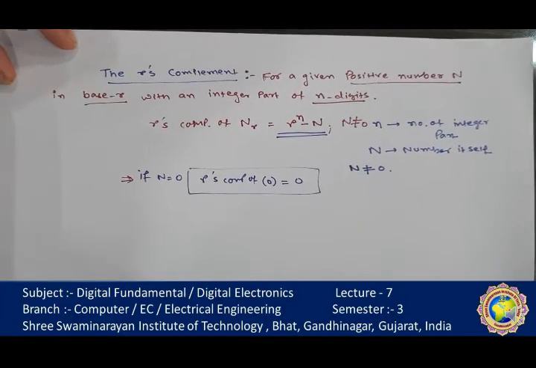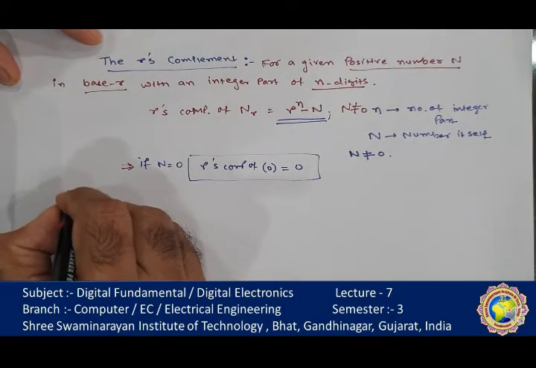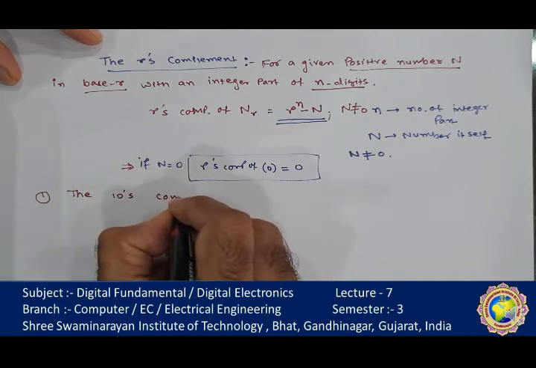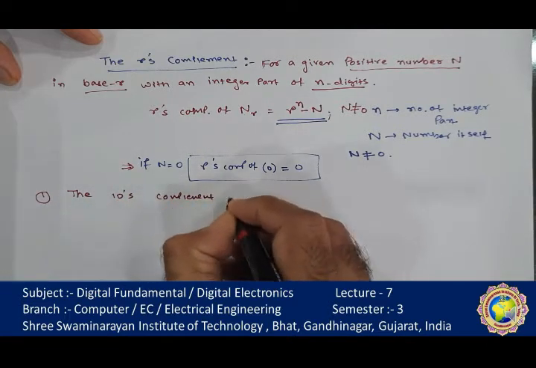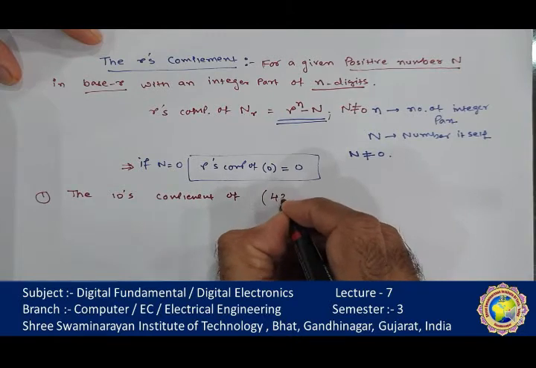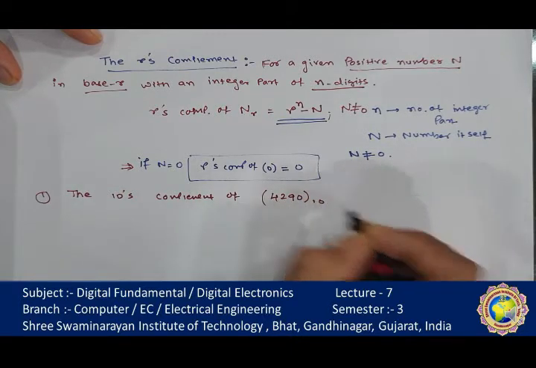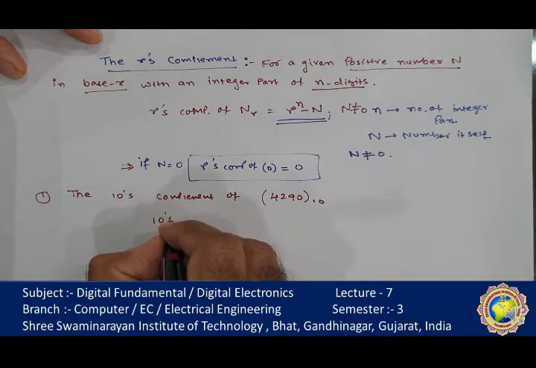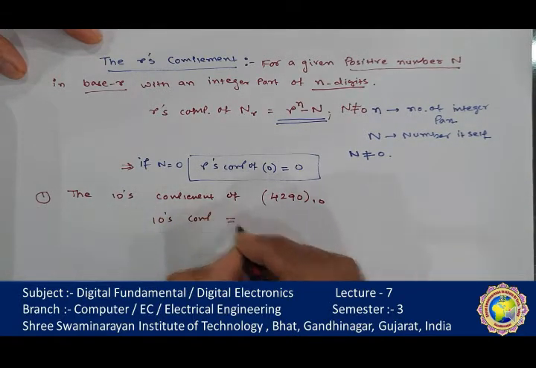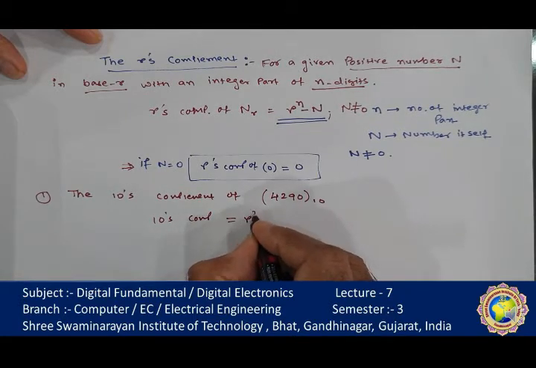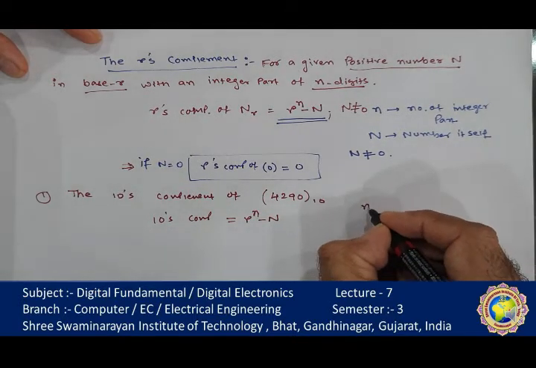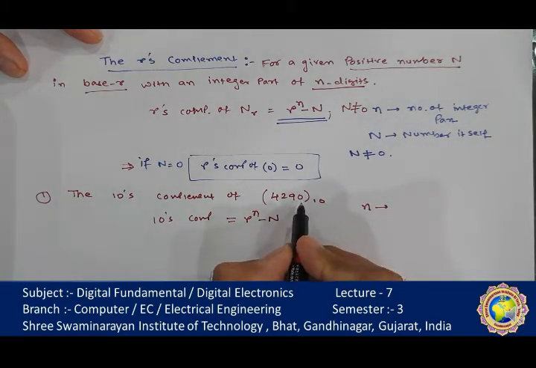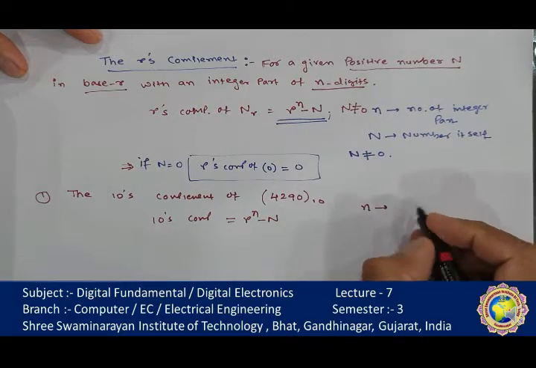Let us take one example: the tens complement of 4290 in decimal. The tens complement is equal to R raised to small n minus capital N. Here small n is equal to 4 digits: 1, 2, 3, 4.